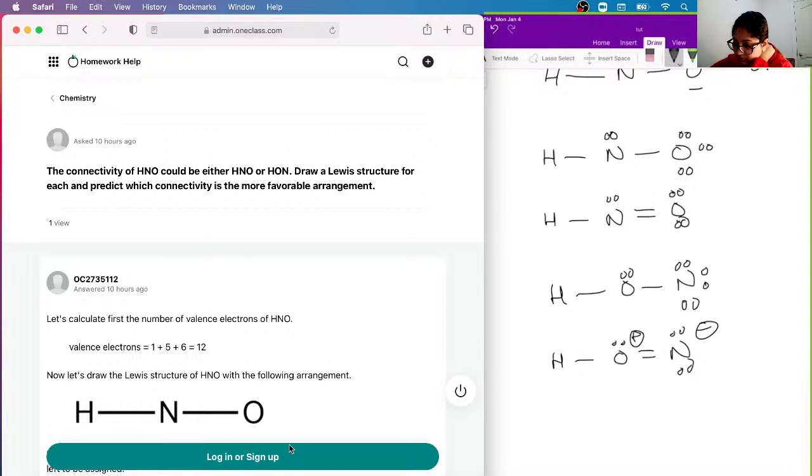And so when you're comparing the two Lewis structures that we have, the structure with the connectivity of HNO is more favorable since it doesn't contain any formal charges.